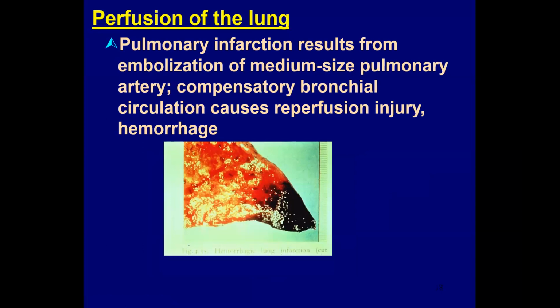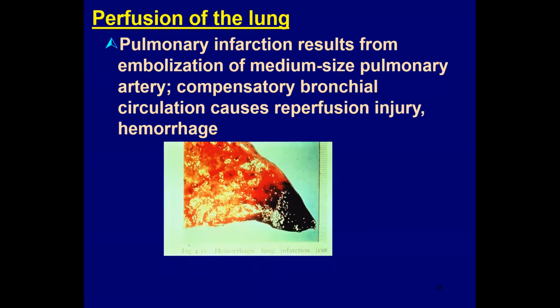This is a section of the lung that shows a pulmonary infarction. A pulmonary infarction results from an embolism of a medium-sized pulmonary artery, and compensatory bronchial circulation then causes reperfusion injury. Reperfusion injury is very important.